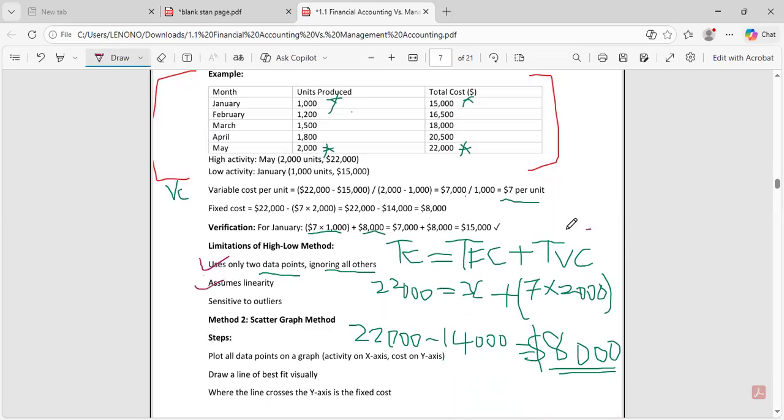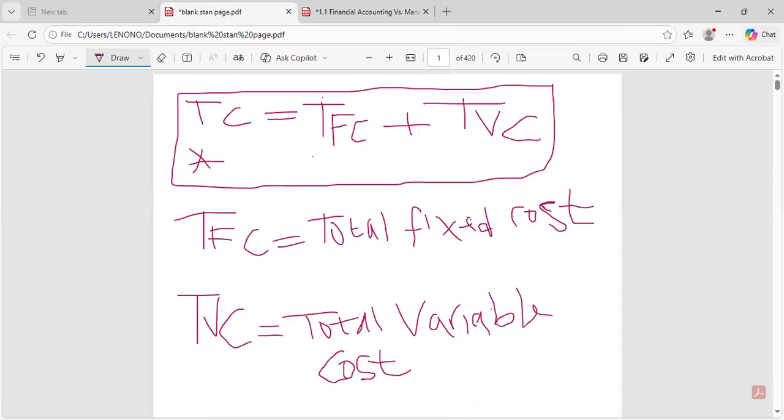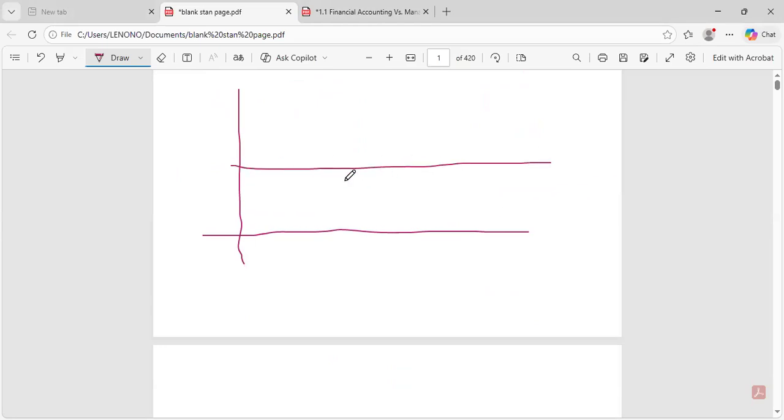It assumes a linear equation, where we have this arrangement and this is our total fixed cost.